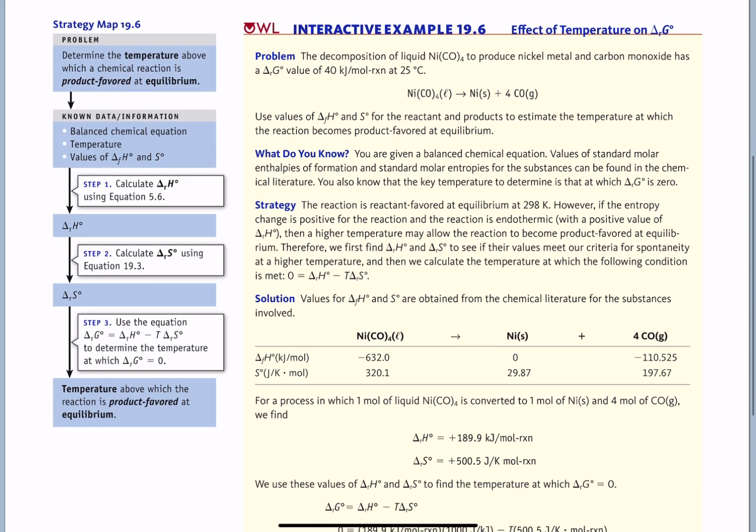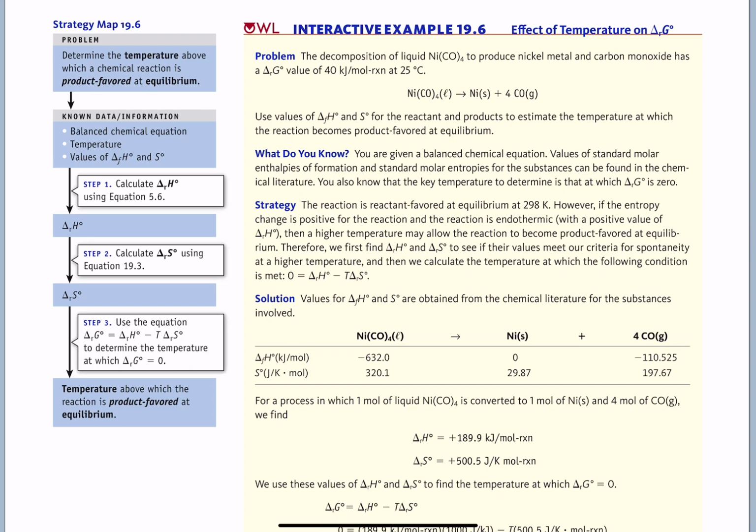Let's take a look at this example right here. If we have this interesting compound, nickel tetracarbonyl, tetra means 4, the carbonyl is the CO there. If it could decompose into nickel and 4 carbon monoxide molecules, you'll notice the stoichiometry is a 1:1:4 ratio. We can calculate the delta H and the S values.